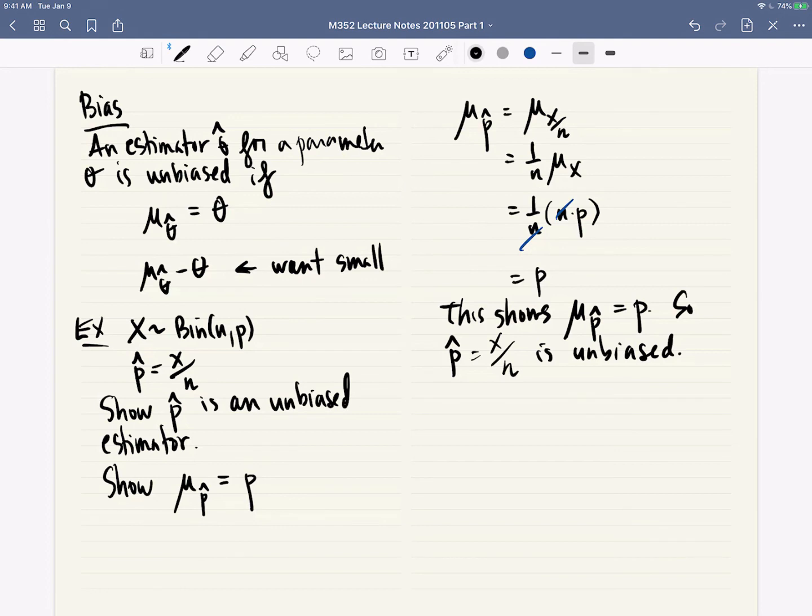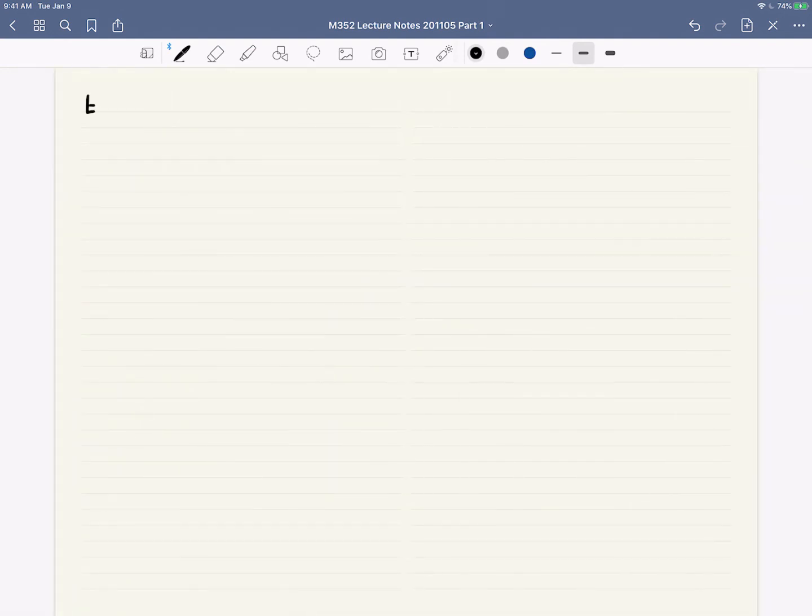Let's do another example. Let x be a random variable with mean mu. I don't care how it's distributed. It's a random variable. It's got a mean.